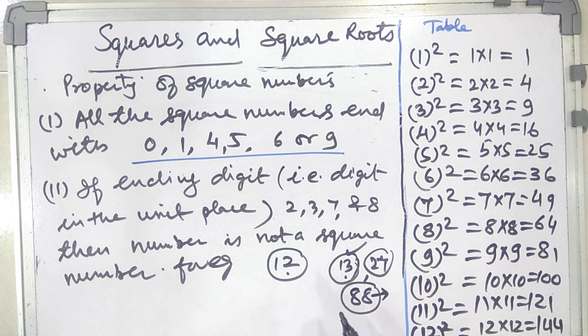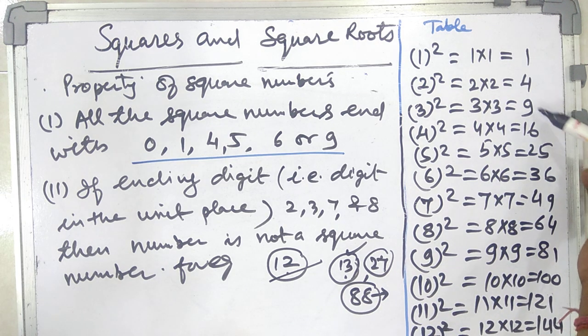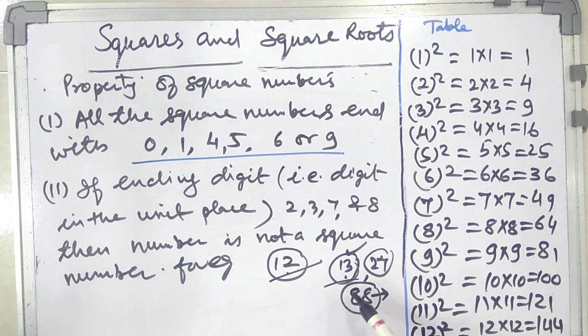The square numbers from 1 to 100 are 1, 4, 9, 16, 25, 36, 49, 64, 81, 100. So 12 is not a square number because between 9 and 16 there is no square number. Similarly 13 and 27 are not square numbers, and 88 is also not a square number.